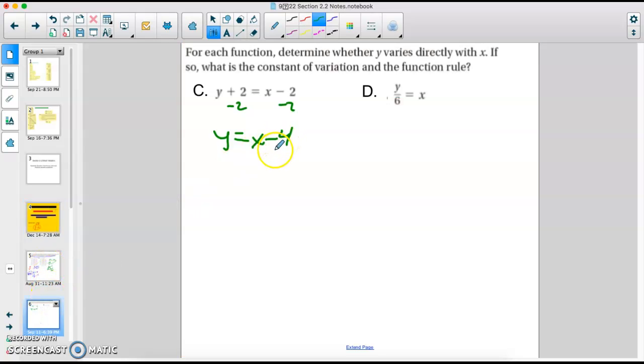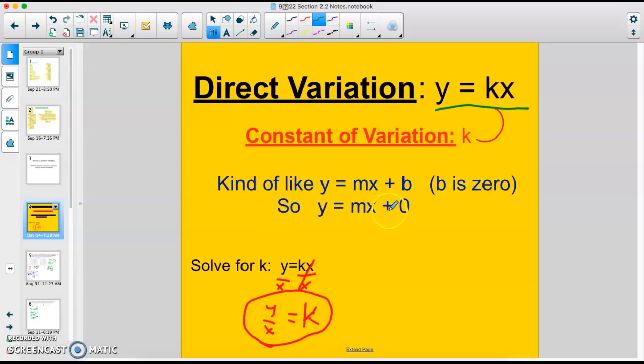The answer is no, because it has this minus 4 sitting here. So this is not a direct variation, because you have the extra plus b there, right? We essentially need our b to be 0.